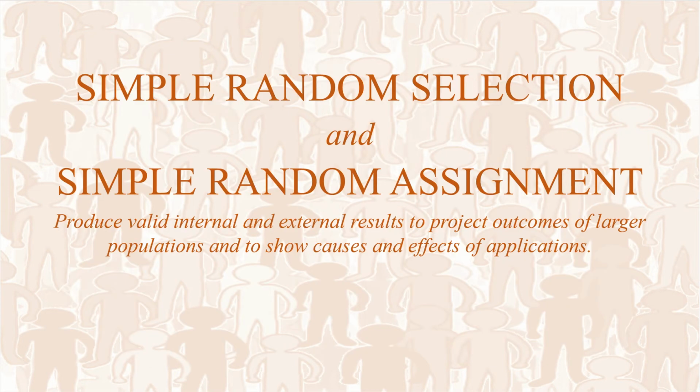Simple random selection and assignment provide both internal and external validity, which provides results that can be used to predict outcomes of similar experiments onto larger populations, and findings can also be used to generalize the causes of outcomes and effects of applications.